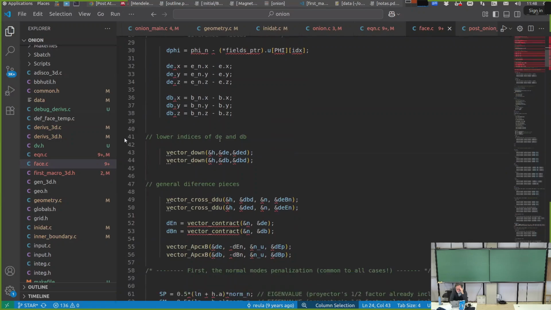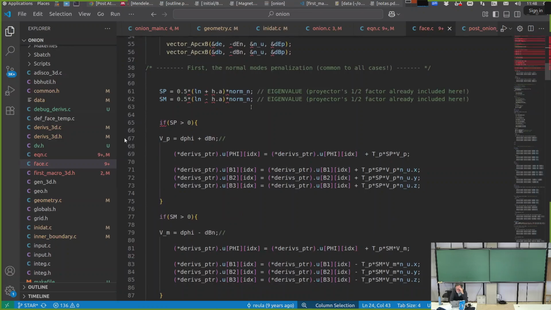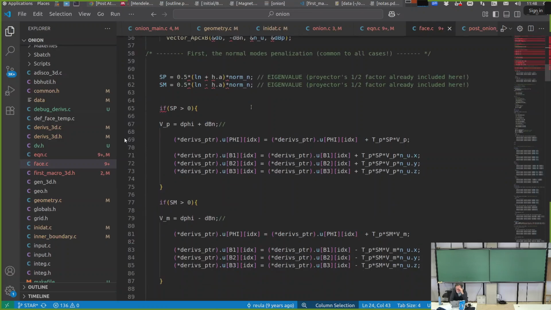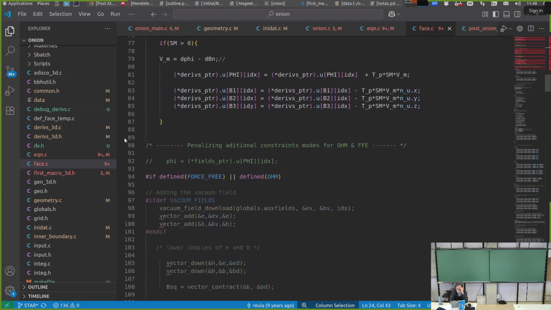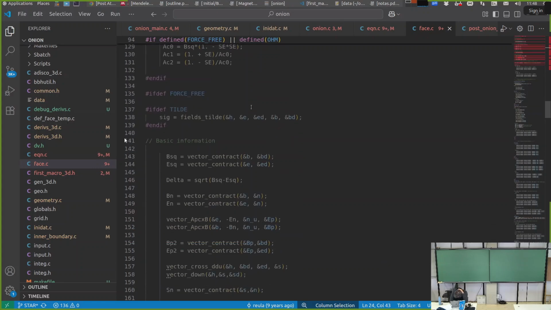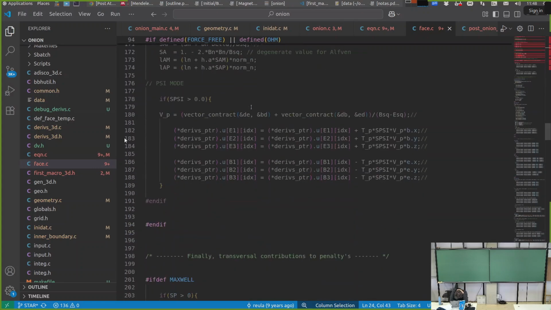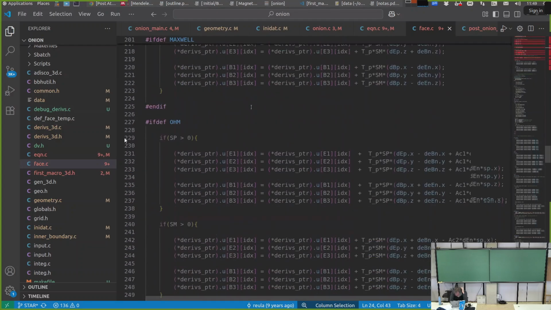We do this subtraction of each of the components of the fields, and then we apply the penalty terms to each of them. So for that we need the characteristic decomposition of the equations. Okay, so more or less that is essentially all that is happening here.